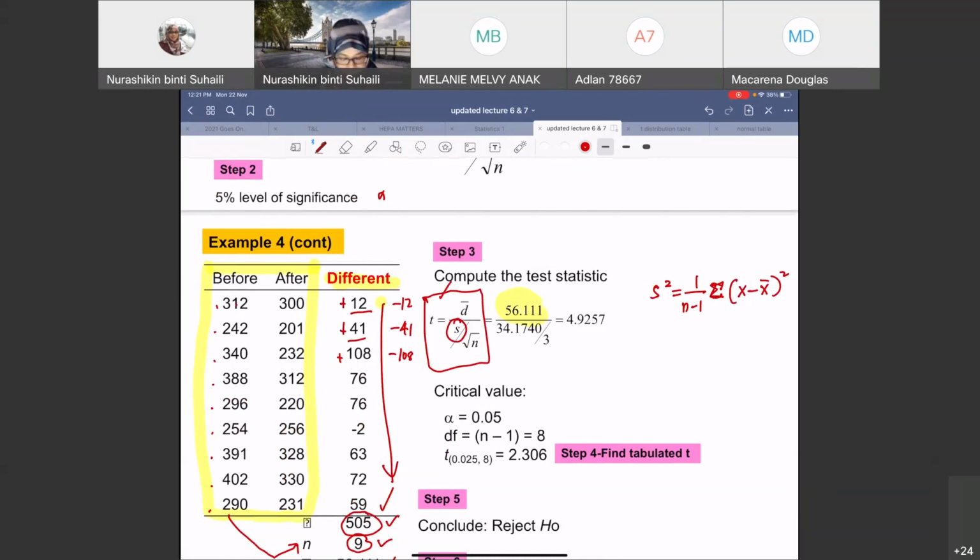So here, this one, you kena tukar kepada D minus D bar square, okay? So this one. So this is how you want to find the S.